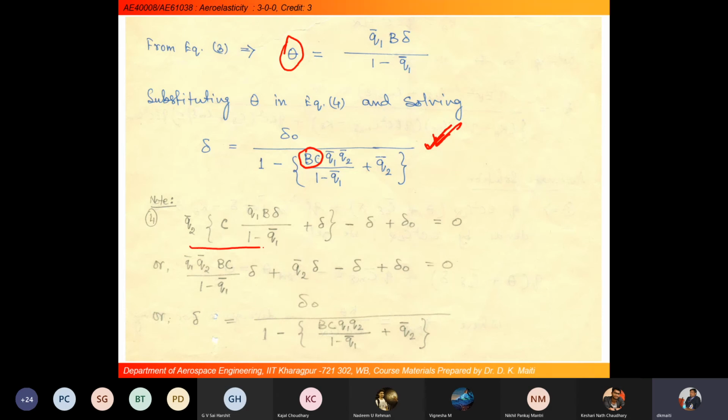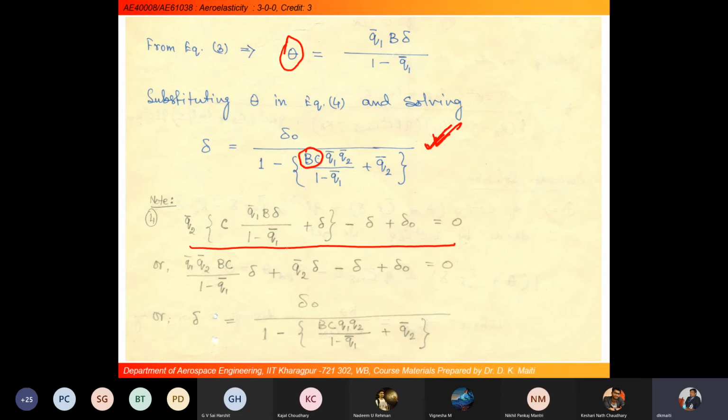I have just given the solution procedure here. I have substituted in equation 4 the value of theta, C into Q1 bar B delta by 1 minus Q1 bar, plus delta minus delta plus delta naught equal to 0. So it will become Q1 bar Q2 bar B into capital C divided by 1 minus Q1 bar into delta plus Q2 bar into delta minus delta plus delta naught equal to 0.